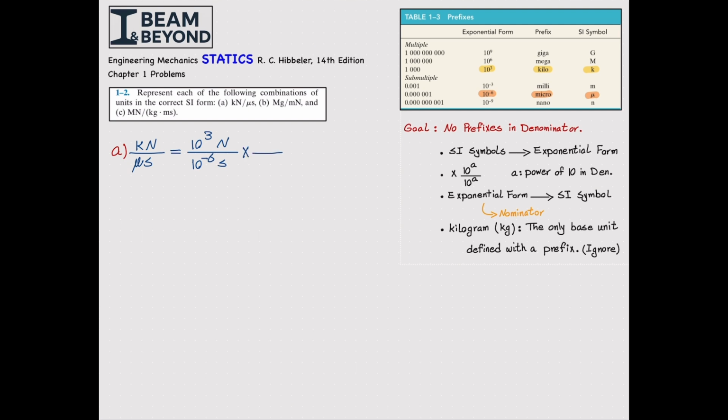Times, so we have -6 here, so times 10 to the power of 6. So the whole point is to get rid of that 10 to the power of -6 in the denominator.